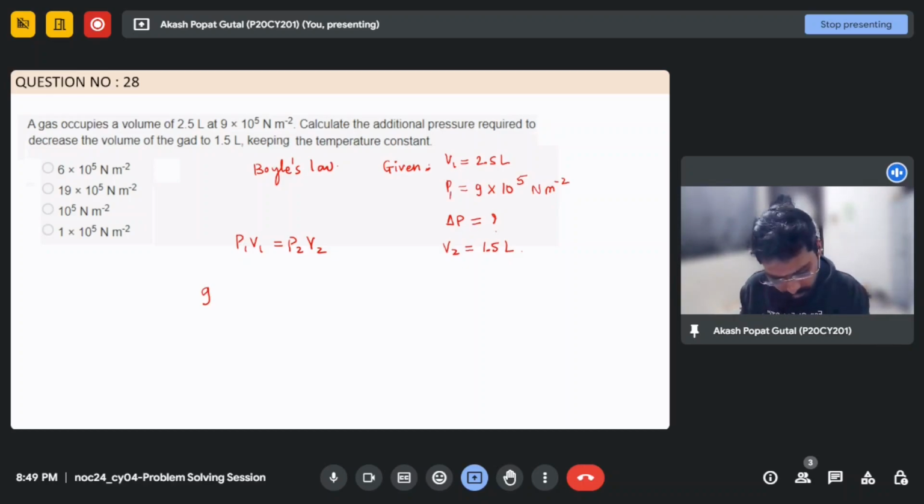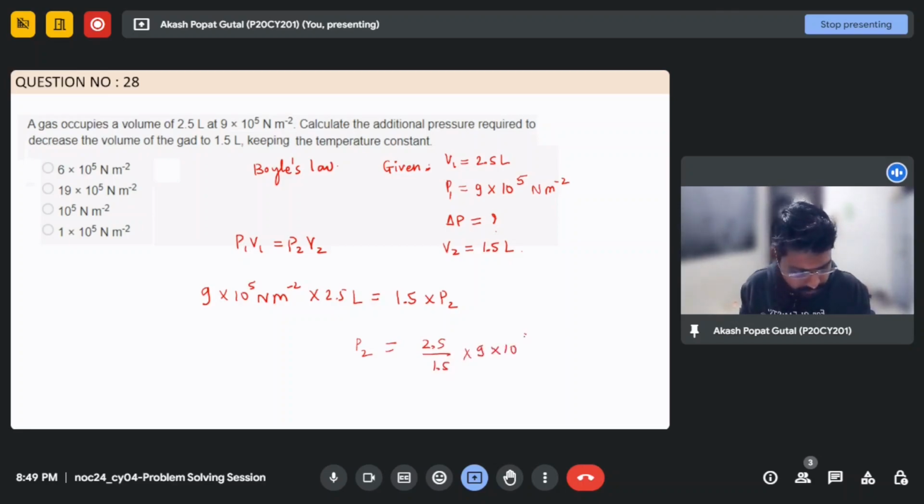P1 is 9 into 10 raised to 5 Newton per meter square into 2.5 liter, equals 1.5 into P2. So what we'll get for P2 is 2.5 divided by 1.5 into 9 into 10 raised to 5.